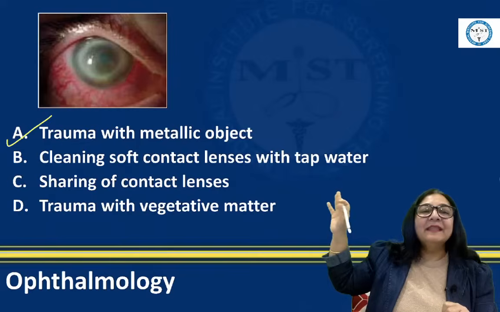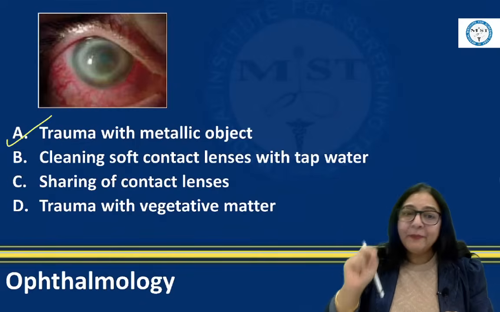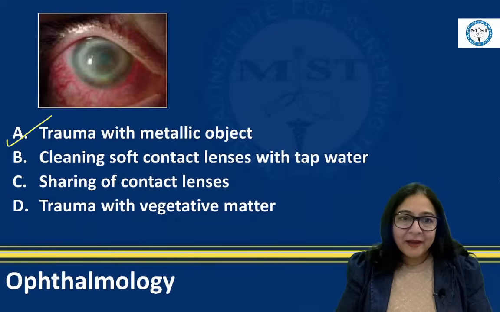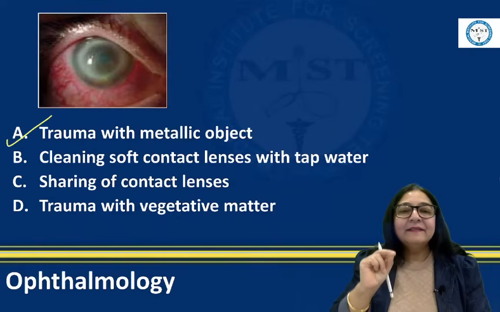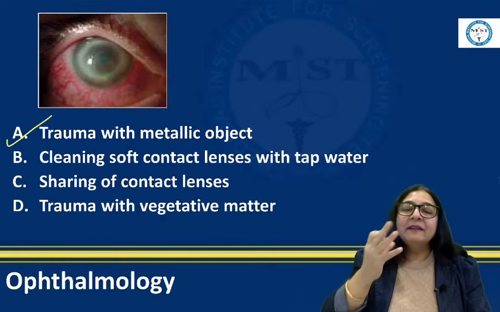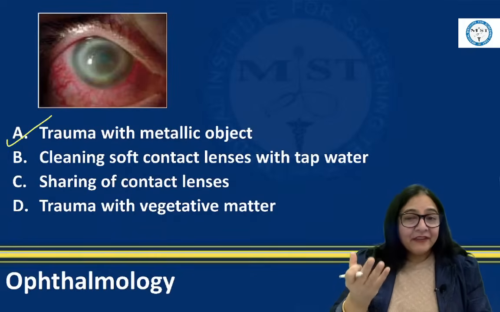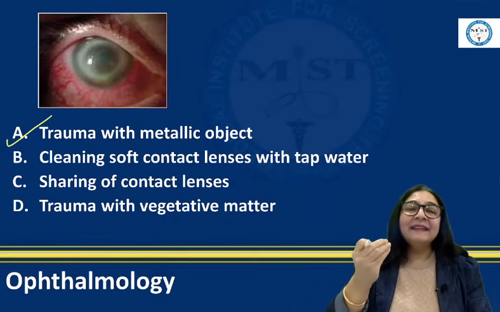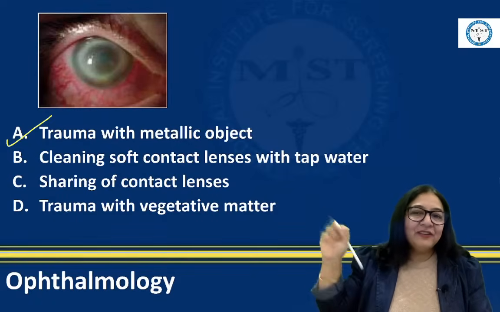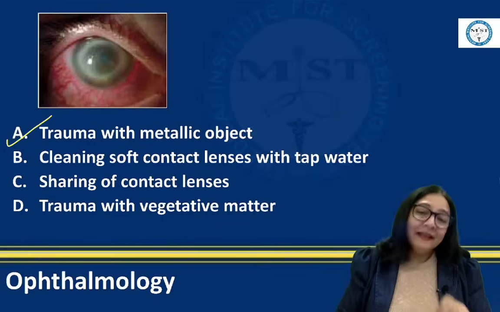Acanthamoeba causes a typical ring-shaped ulcer, severely painful, whereas fungal ulcers are not severely painful. They have typical signs of dry raised infiltrates, feathery margins, and satellite lesions with big hypopyon. These features are not present in acanthamoeba keratitis.